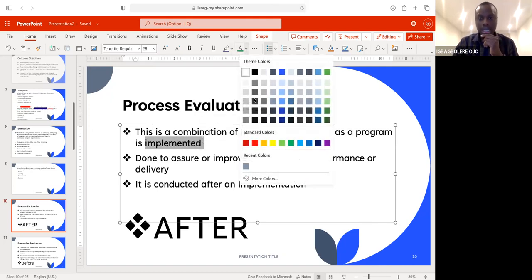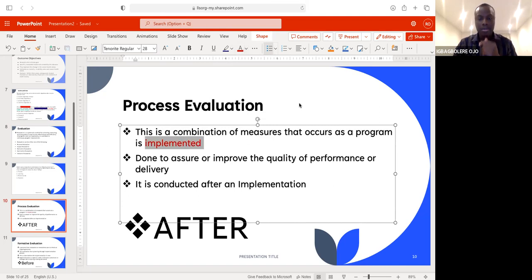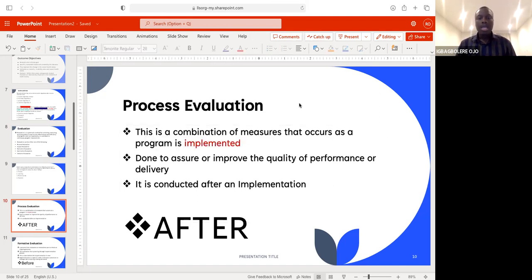It is done to assure or improve the quality of performance or delivery. It is conducted after an implementation.